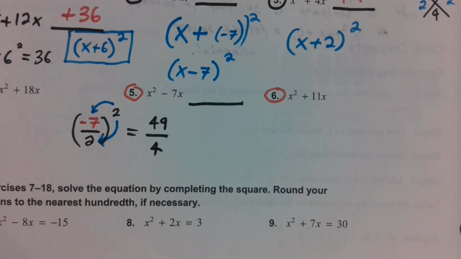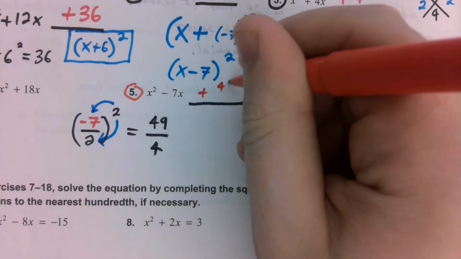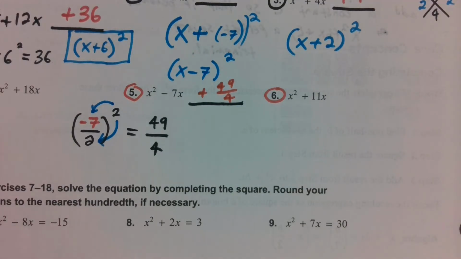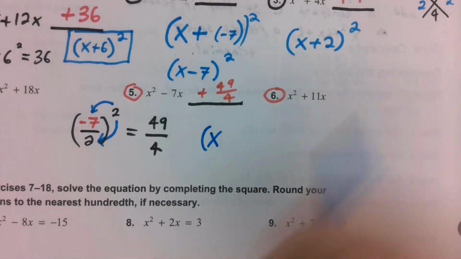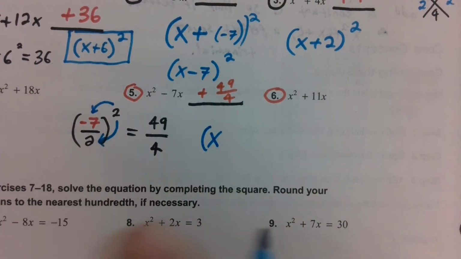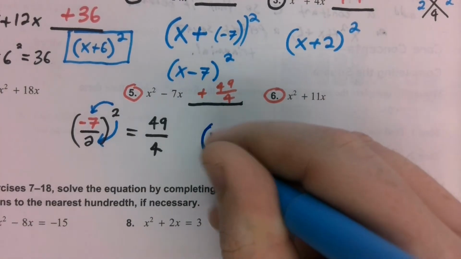Negative 7 over 2 squared is 49 over 4. That's what completes this square, 49 over 4. But, of course, we want to write this in our factored form as well. It's always going to be x plus or minus this number here, this 1/2 of b. So it's x minus 7/2 squared.